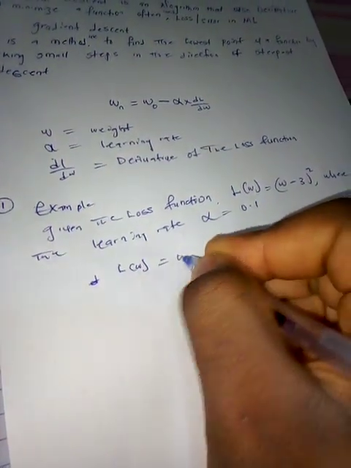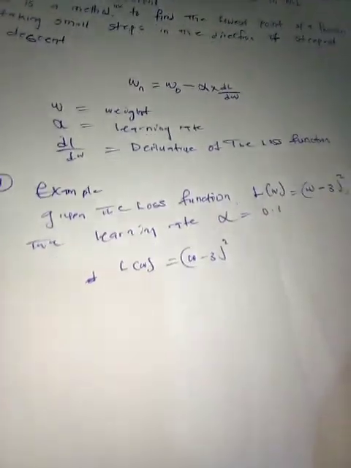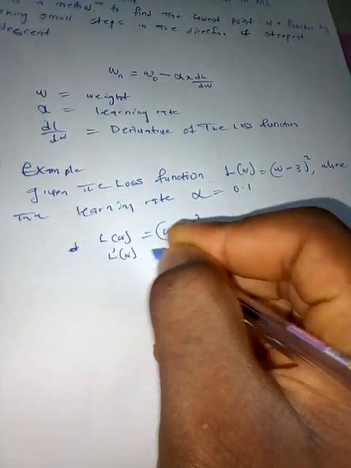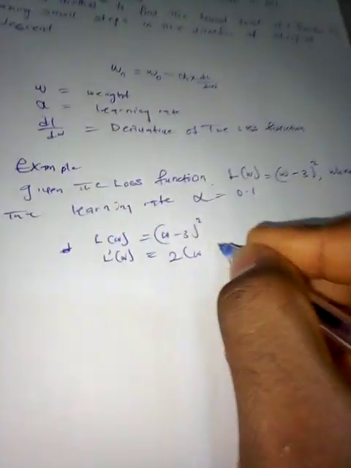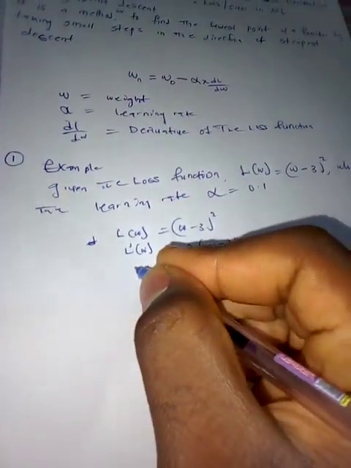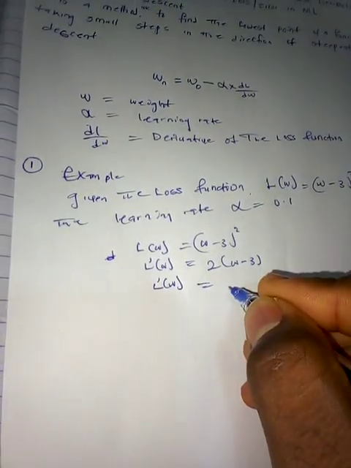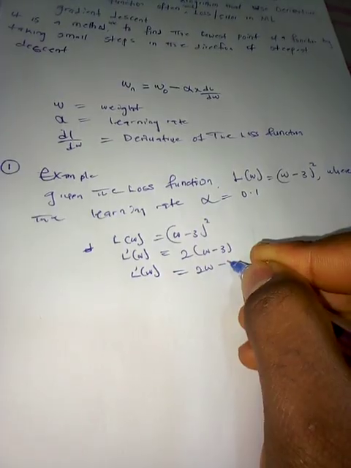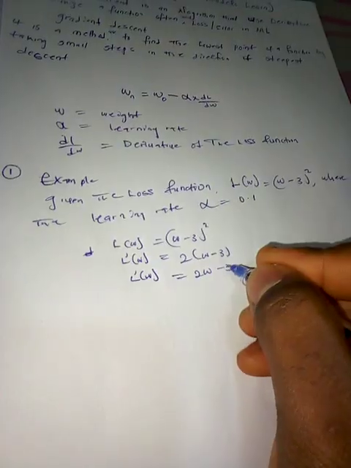Using our basic knowledge of calculus, we know that L prime of W is equal to 2 times W minus 3, and multiplying 2 by 3 gives us 6.